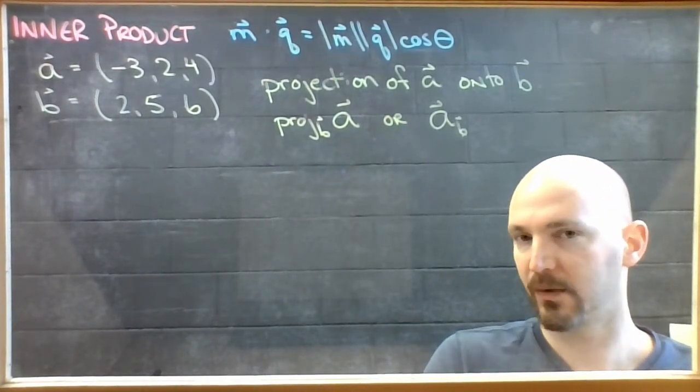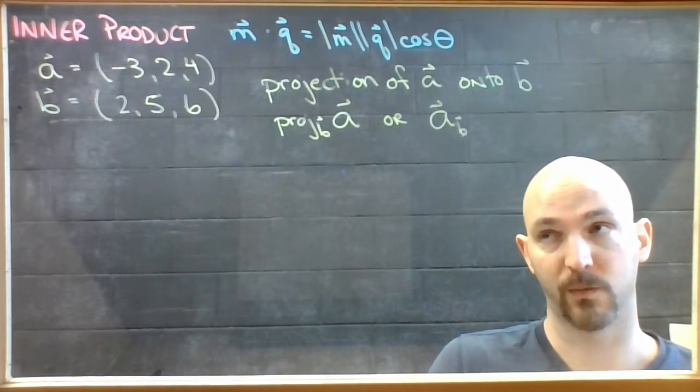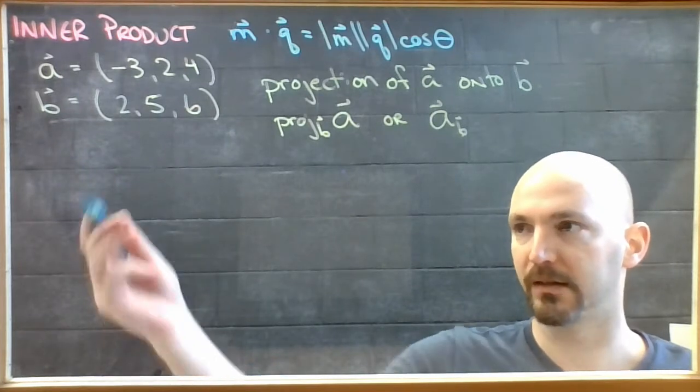So it's just an equation, so I'm going to write it up there. We're going to do it so you can see how to do it, and then we'll talk about what it means.